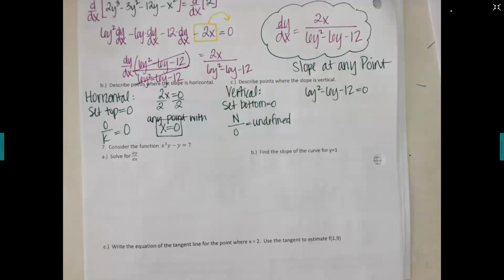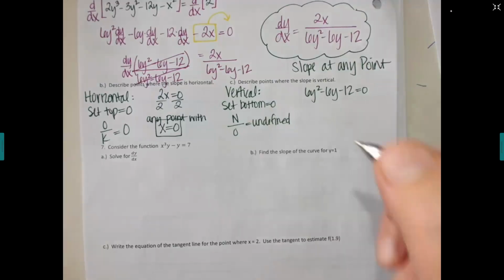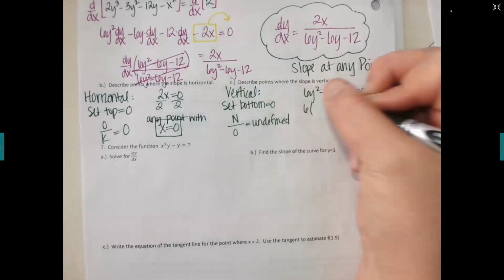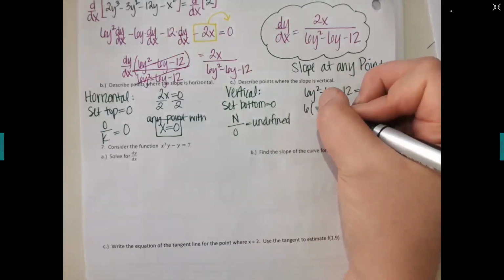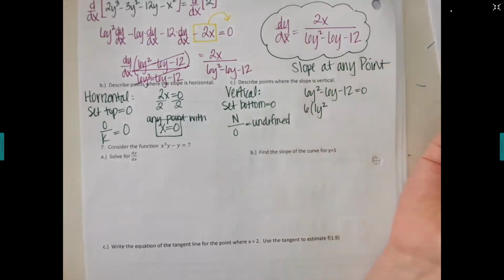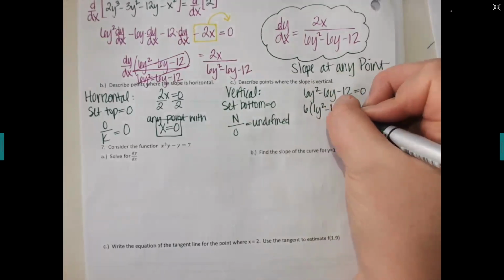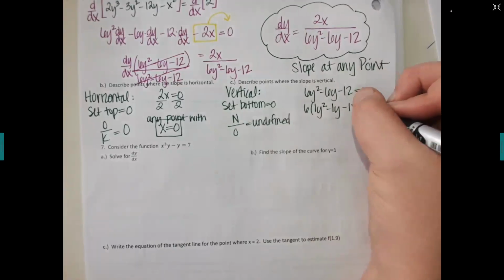Okay, now let's do our vertical. How many answers do we anticipate getting if this is quadratic? 2. What do we do first before we AC chart it? GCF the 6 out. Very good. So my 6y squared is now just 1y squared. My 6y is a minus 1y. And my 12 is now 2.